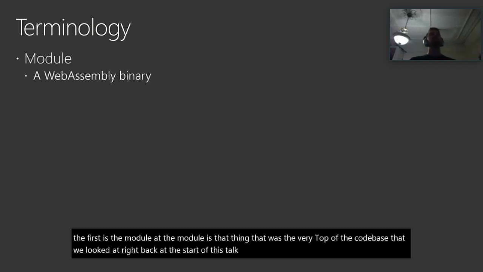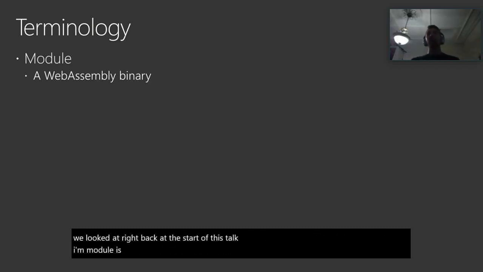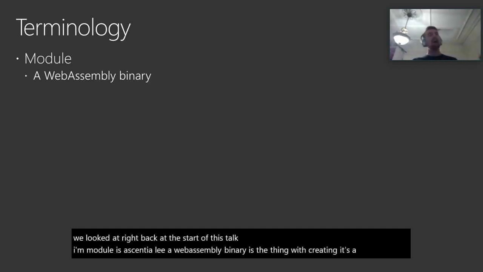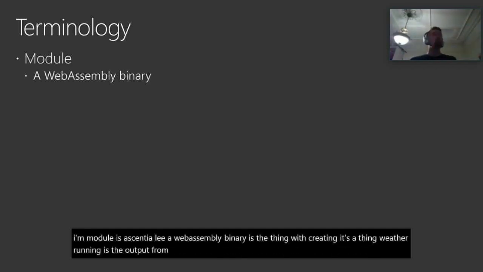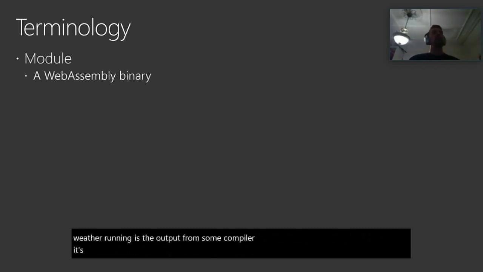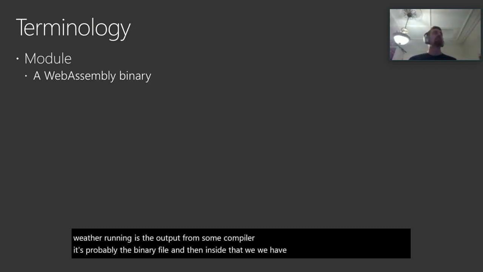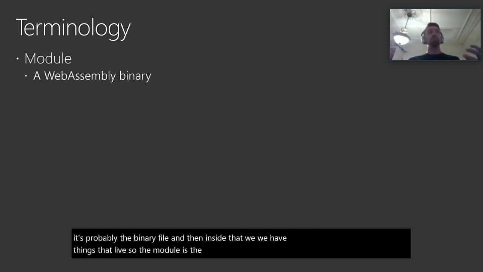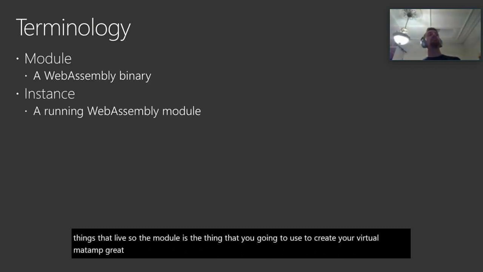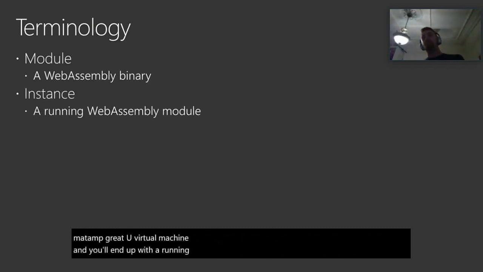And a module is essentially a WebAssembly binary. It's the thing that we're creating. It's the thing that we're running. It's the output from some compiler. It's predominantly a binary file. And inside of that, we have things that live. So the module is the thing that you're going to use to create your virtual machine, and you'll end up with a running instance of a module.